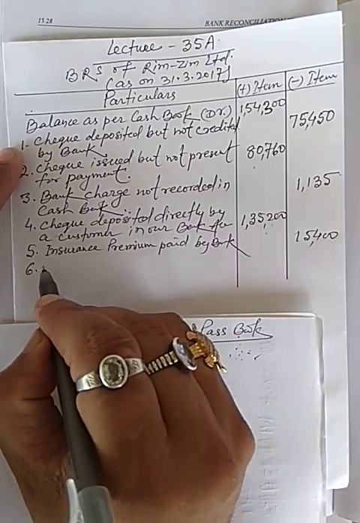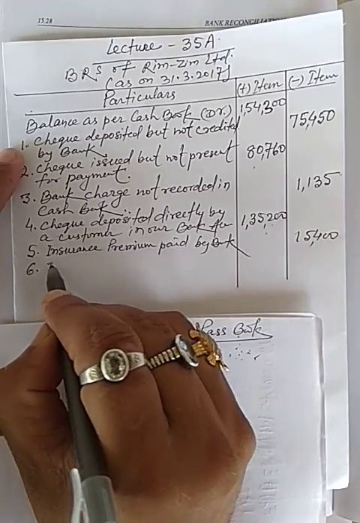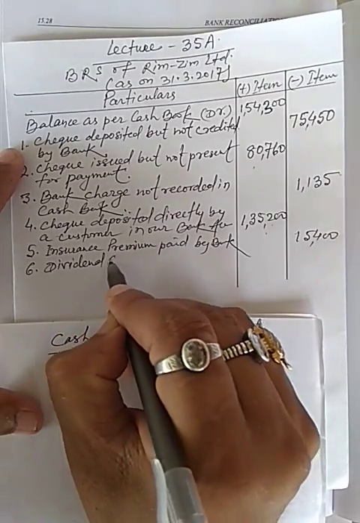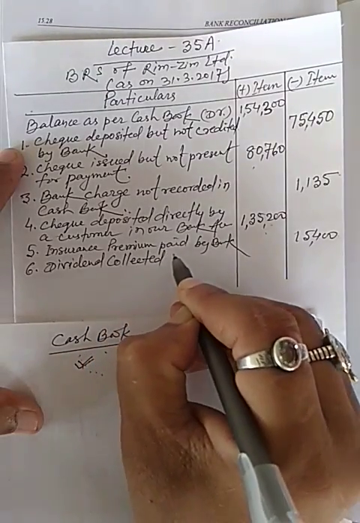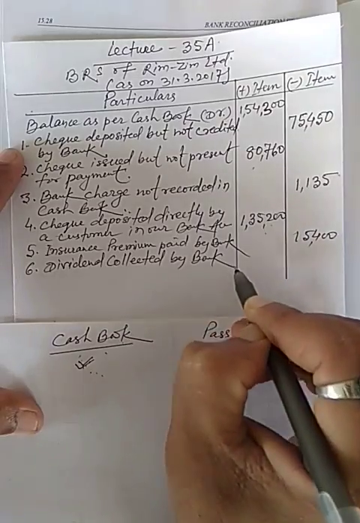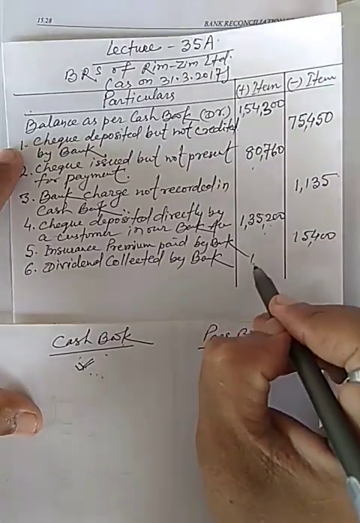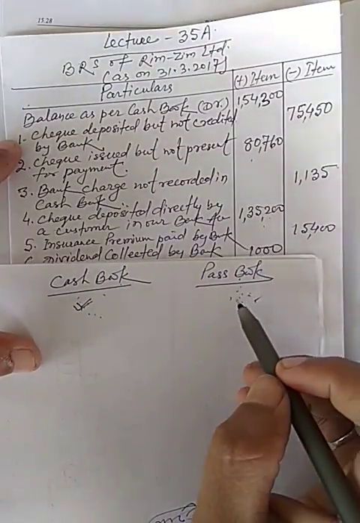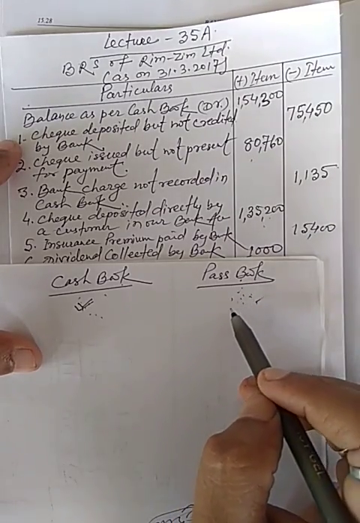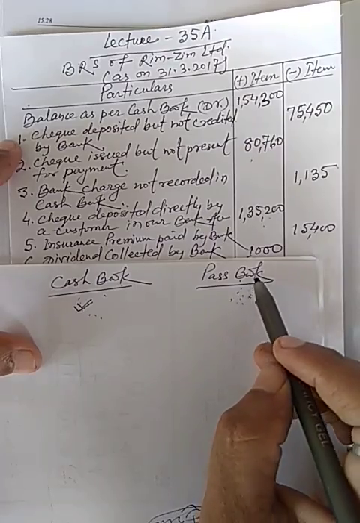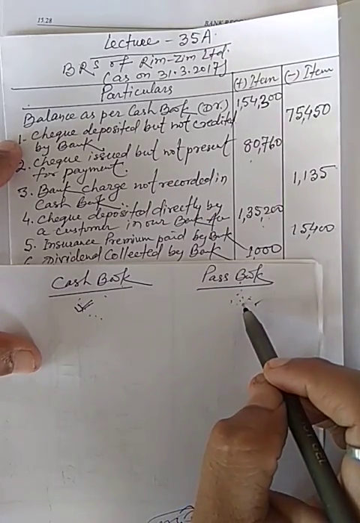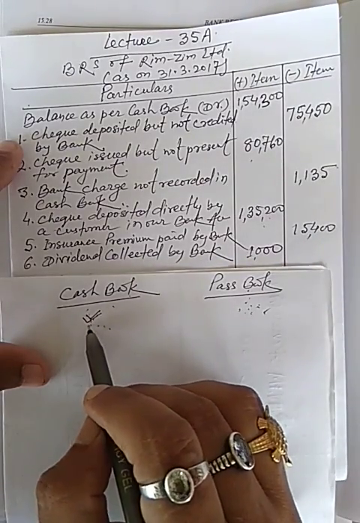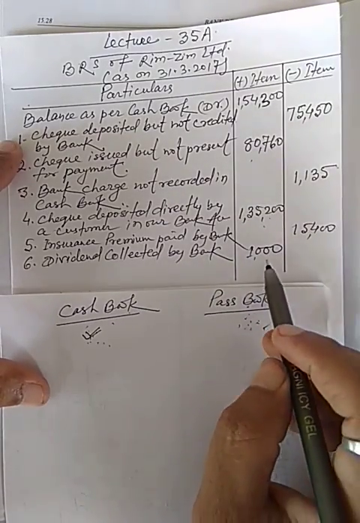So we will write dividend collected by bank, it will be in plus item, because in this case when dividend is received by bank on my investment, it means on shares, then our passbook will increase and we also have to increase in cash book, so it will shift in plus item.